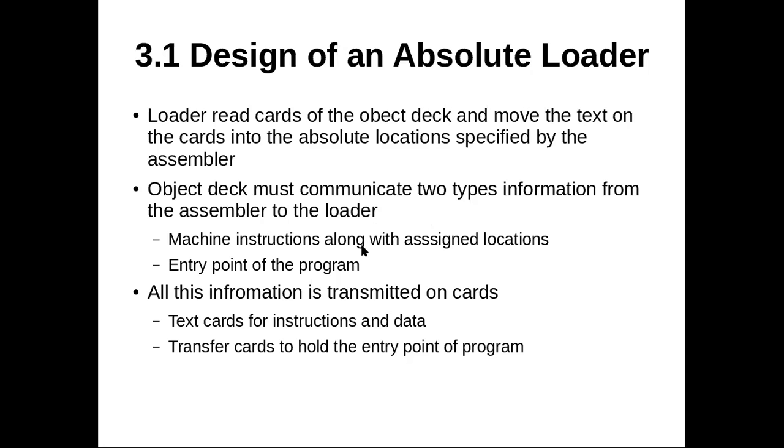The first information is the converted machine language instruction and the address at which we have to store it. That is, what is the converted machine language instruction and to which address this particular instruction has to be loaded in the memory. This is the first information conveyed by the object deck to the absolute loader.